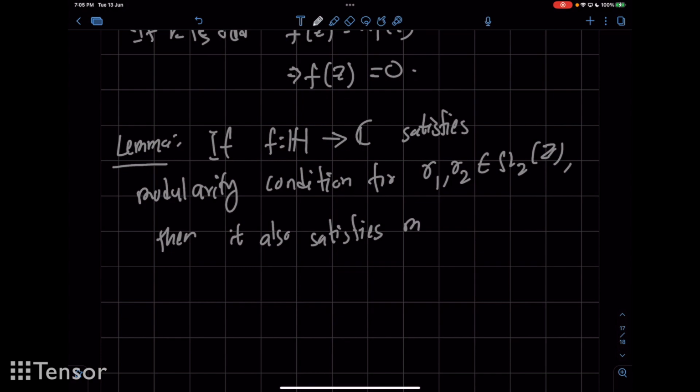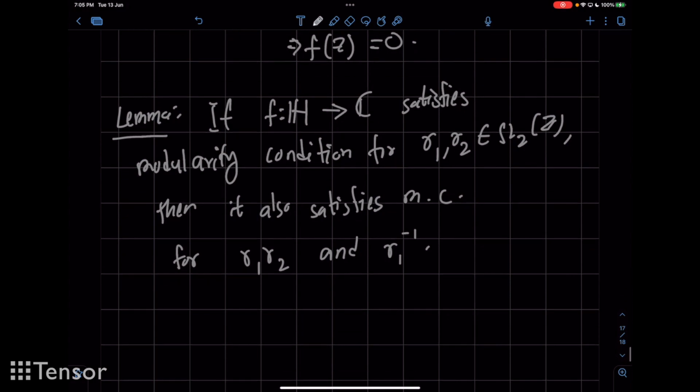I'm writing modularity condition as MC. It also satisfies the modularity condition for gamma 1 times gamma 2 and gamma 1 inverse as well. Now let us try to prove this.